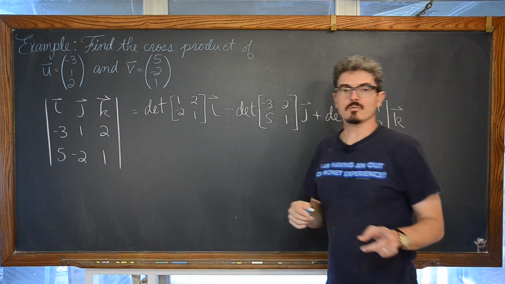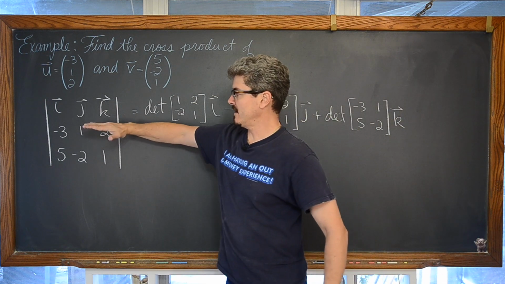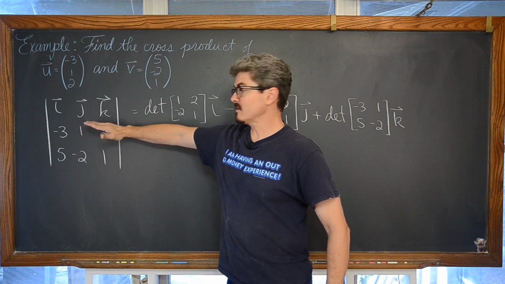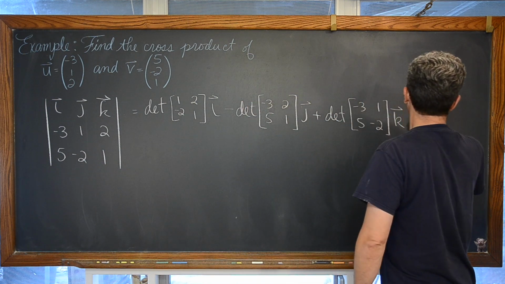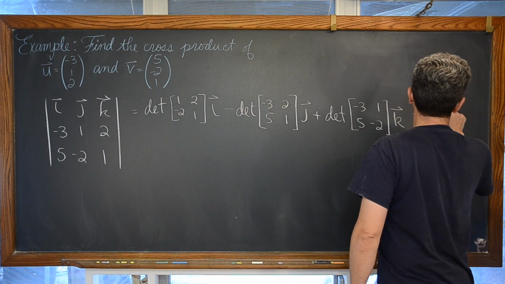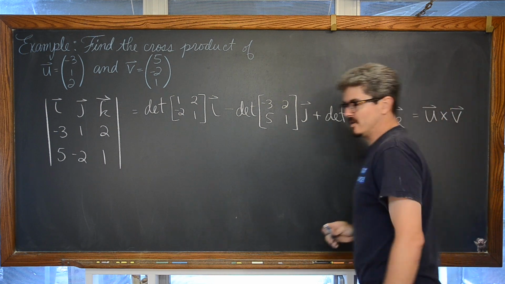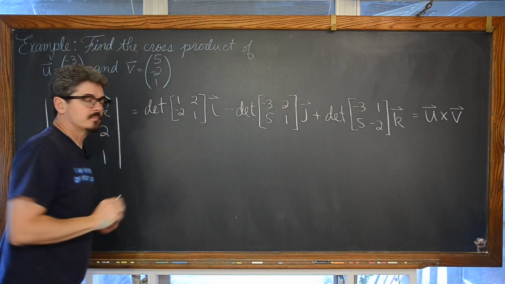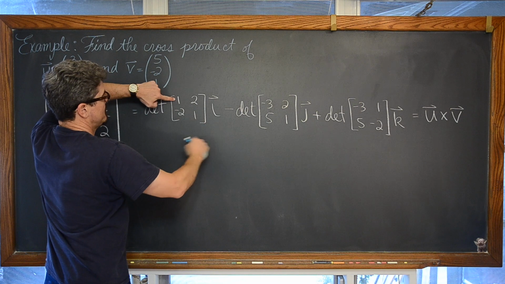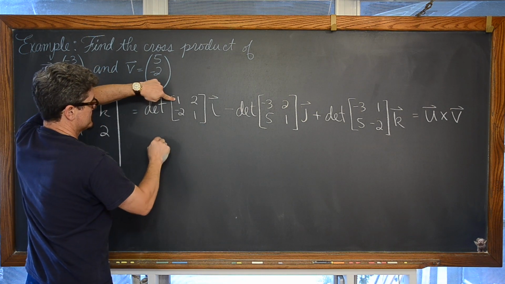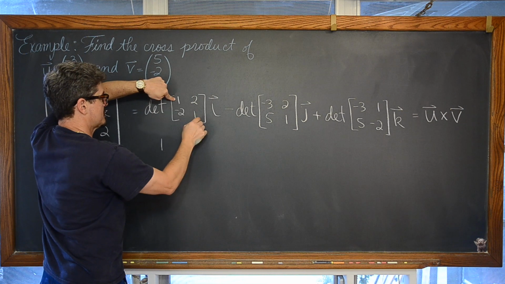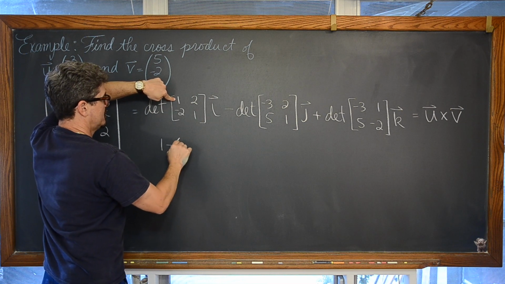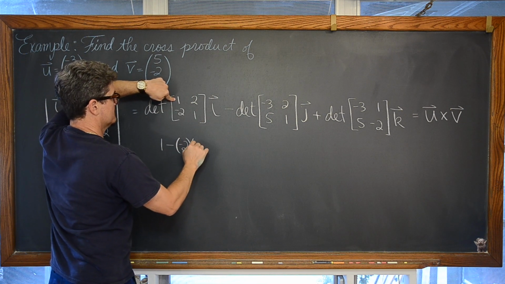And I need to point out here that since I have my vector u in my second row and vector v in my third row, this is going to be equal to the cross product of vector u and v. Now, determinant of a 2 by 2 matrix, multiply down, get a product, multiply up, and you subtract. So it's 1 times 1 is 1 minus -2 times 2.